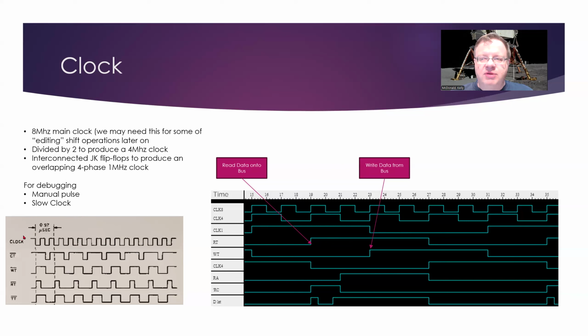A lot of the reason why we have to have this sequencing, and why it's so important, is that we have a common shared bus. So we have the WL, the write lines, and we have to synchronize when we are pushing data onto that bus and when we are reading data off of it, making sure that everything stays organized and occurs in sequence.